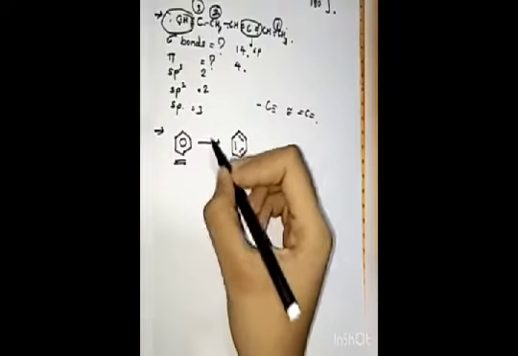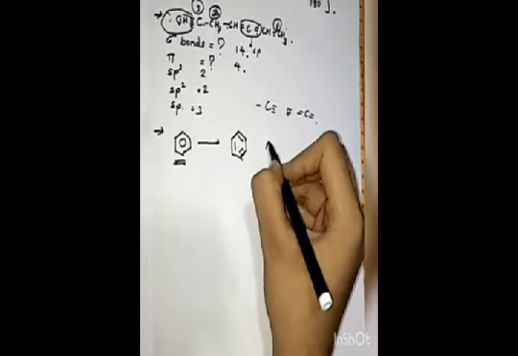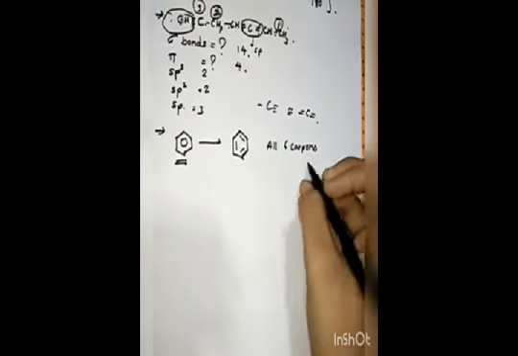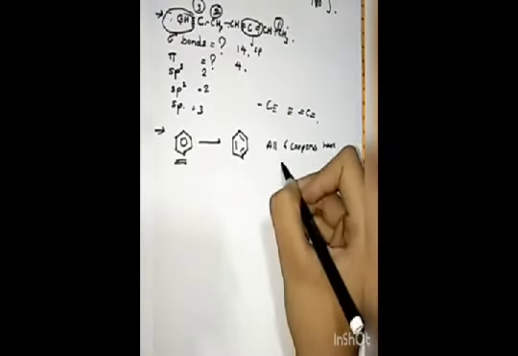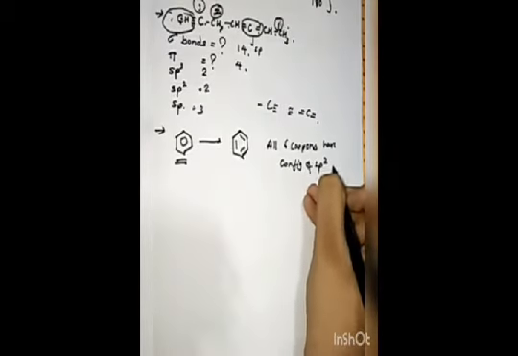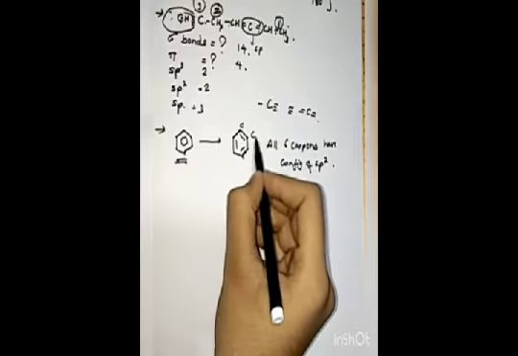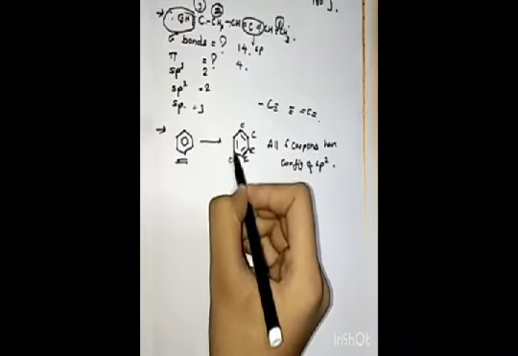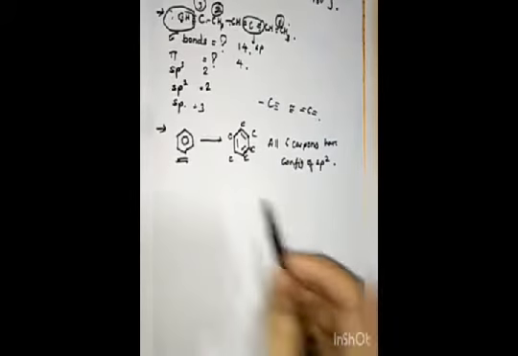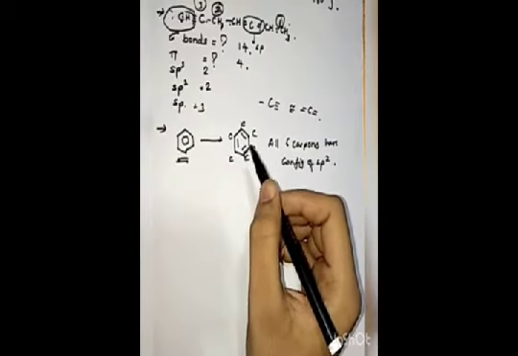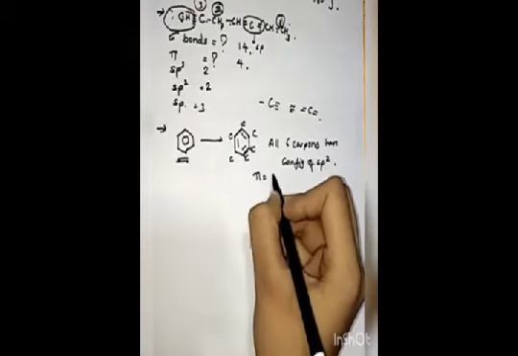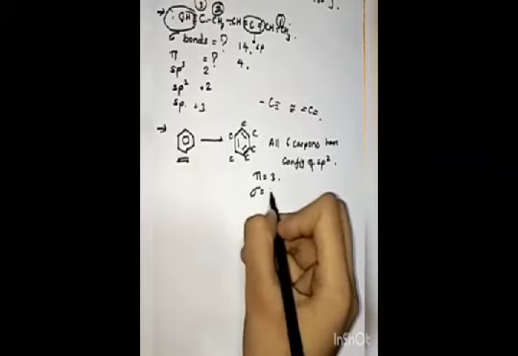By looking at the molecule, one can easily tell that all 6 carbons have sp2 configuration. How? As every carbon has a double bond. Now if we ask how many pi bonds are there, the number of pi bonds here are 3 and the number of sigma bonds will be 12.